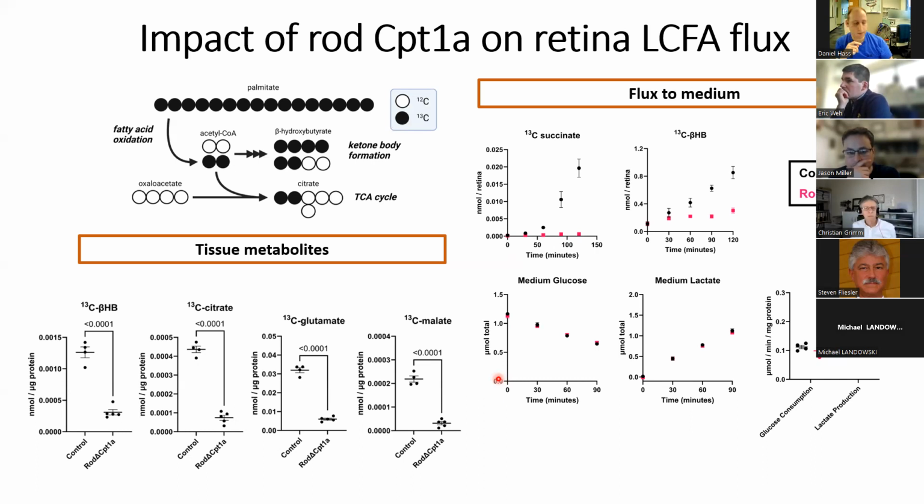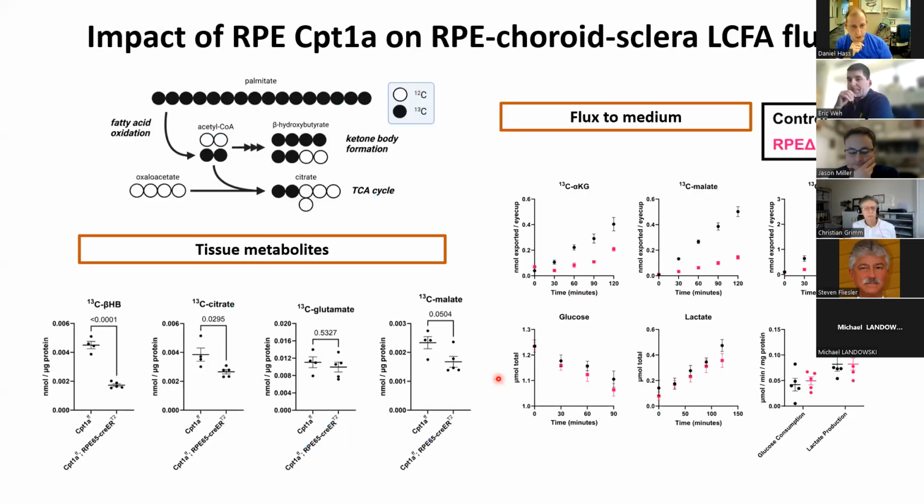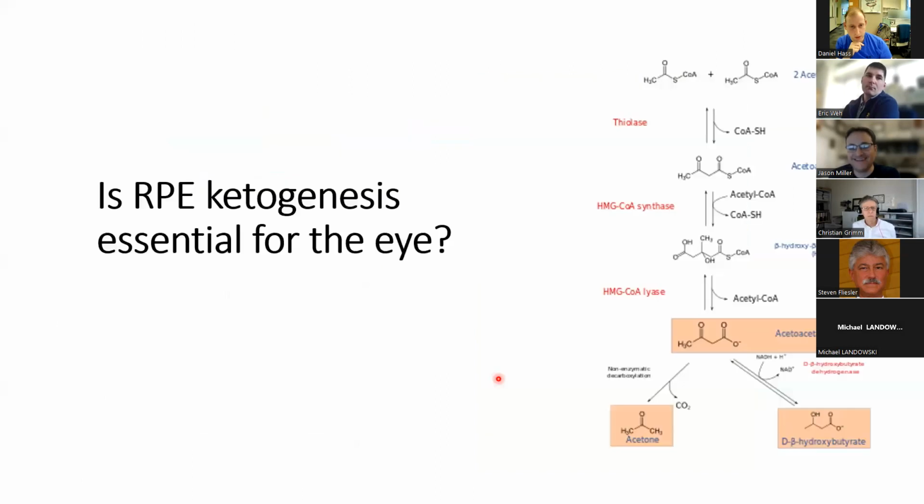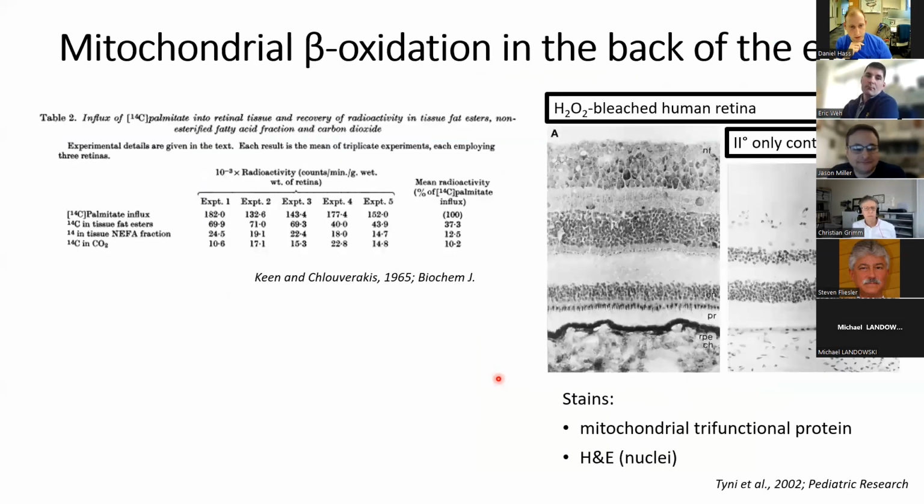Yeah, that's kind of what I was trying to suggest in that paper by Keen and the other author whose name I couldn't pronounce: I think esterification to make fat esters is probably a much more prevalent pathway in the retina as an output of palmitate, which is not to say oxidation doesn't happen.